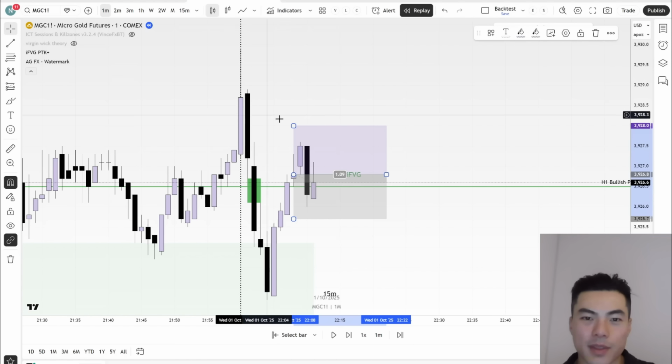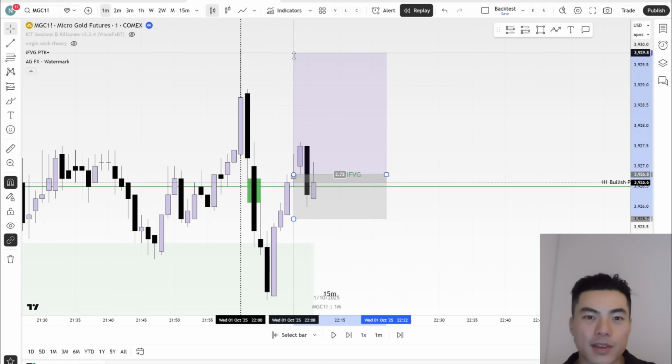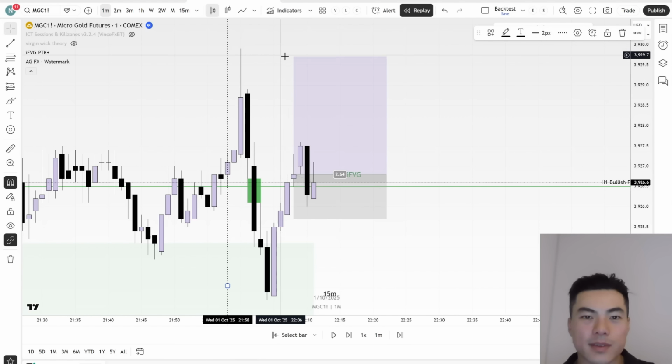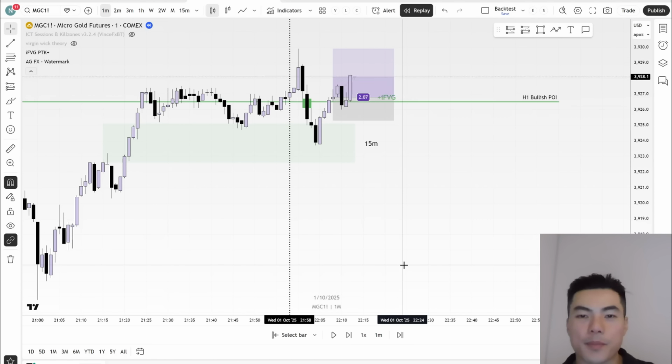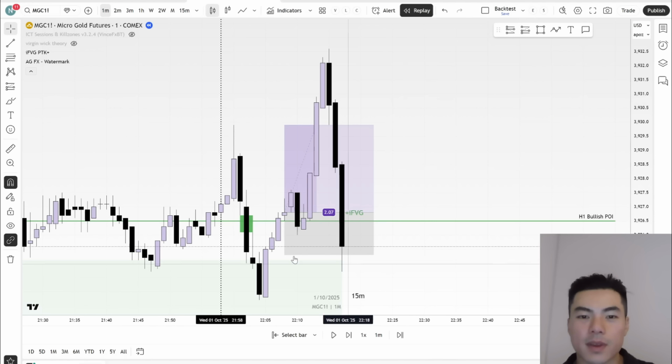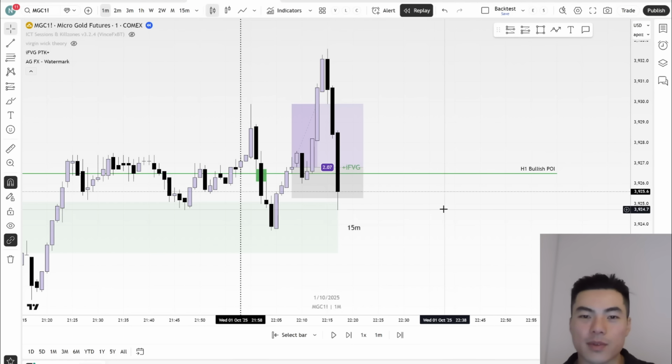I would go something like that. And you can target these highs. Yeah, something like that, 2R. Boom. You get a few minutes to set your limit order, and then bang, straight to TP. Beautiful, beautiful trade.